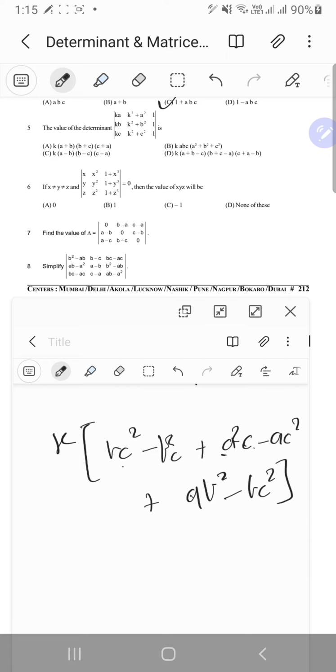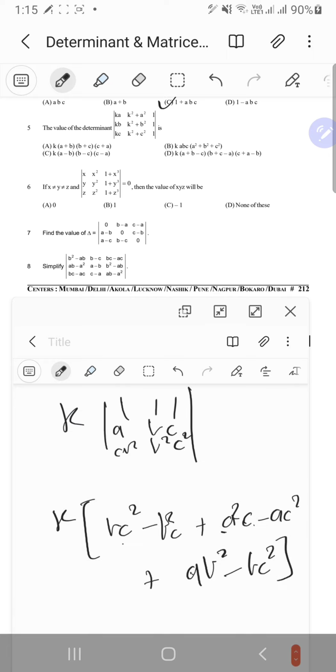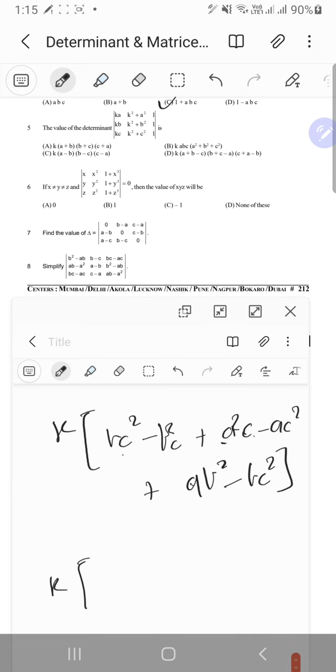So what did we have to find? The value of this determinant is, so this will just be k into, take that bc out. No, don't do it. Maybe that's not the best way of doing it though. Do you really want to factor that out first? So take that b squared out first of all.